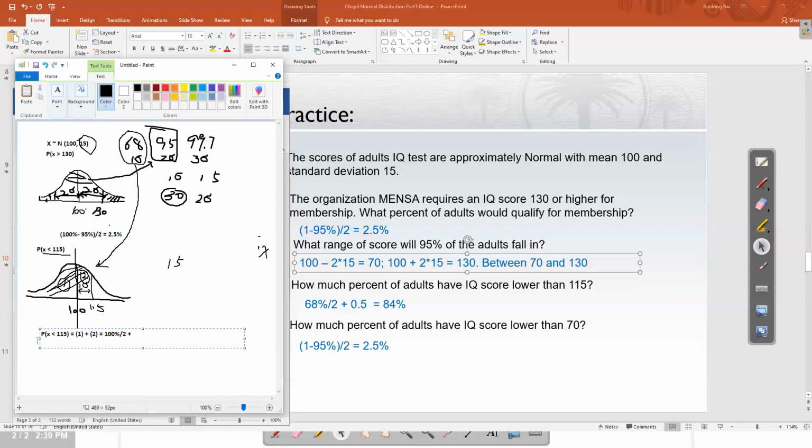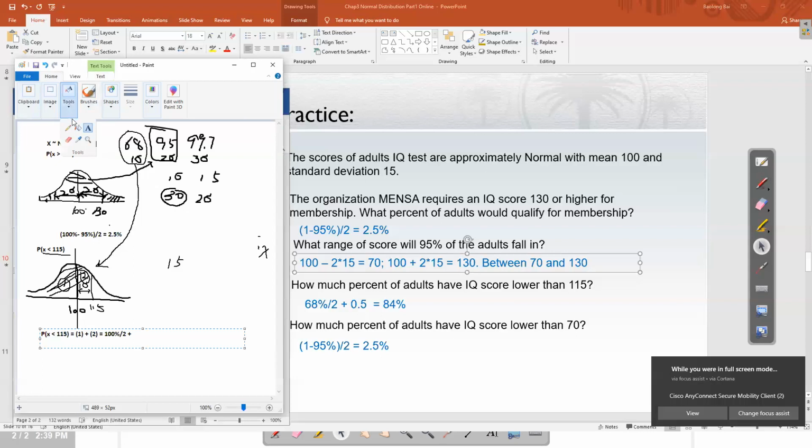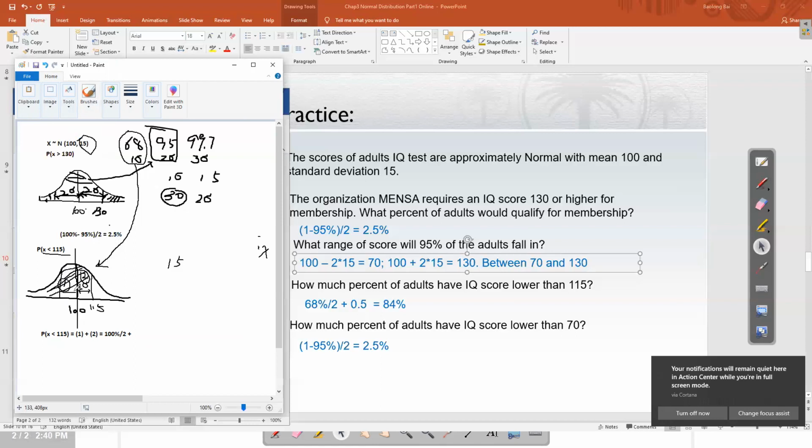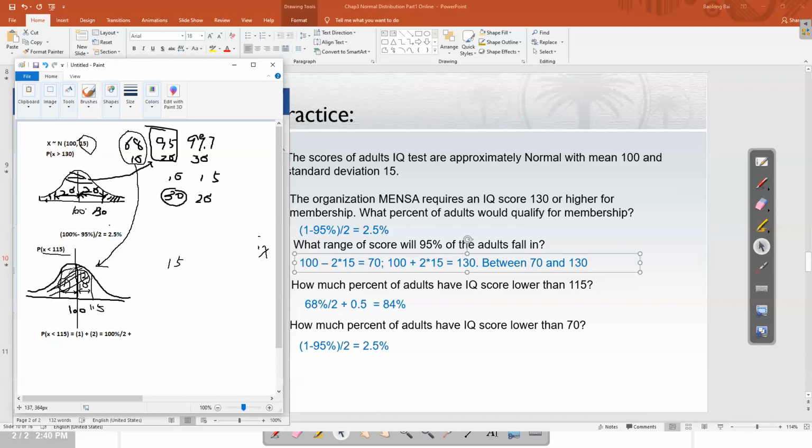And now what's piece 2? So imagine this is the 68 rule, then we need to make a full 68%. If you make a full 68%, you're going to extend one standard deviation to the left. Then the middle will be 68%, right? But this side and this side are symmetric, so they should be the same.